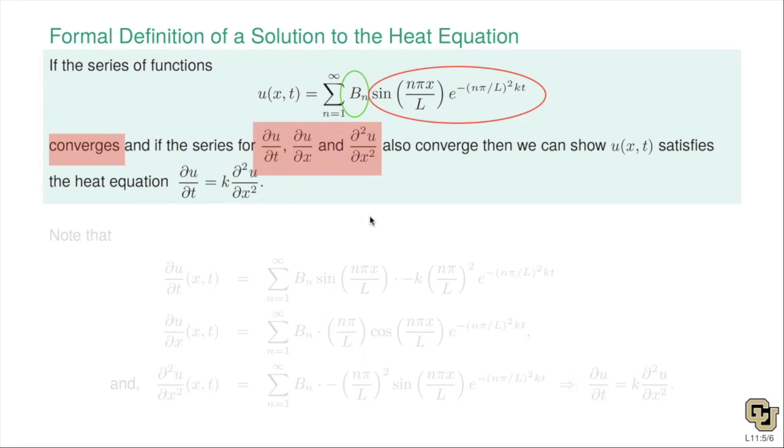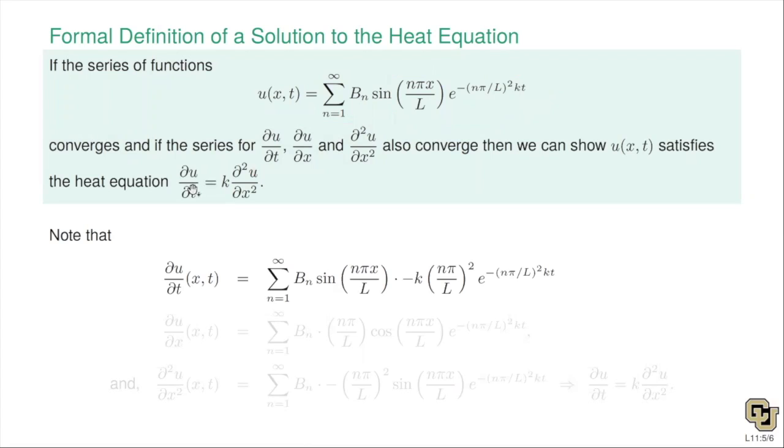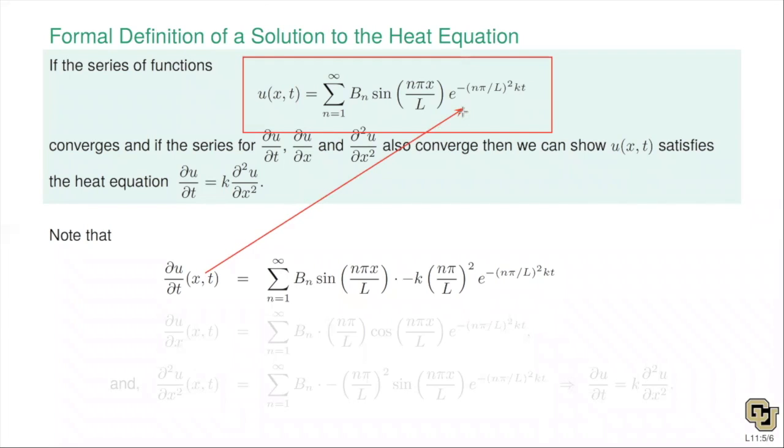So here we can show that it does. I've done the math here, it's not difficult. Here I'm doing the partial of u of this function with respect to t. So there's just this part. When you take the derivative, the derivative of e to the u is u prime e to the u, so I just copied the e to the u part.